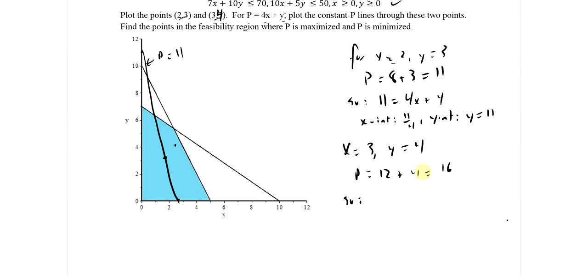So what's the profit line through this point? It'll be profit equals 16, so 16 equals 4x plus y. X-intercept, 16 over 4, so it's 4. Y-intercept, y equals 16. Now y equals 16, that's way off the top of this.